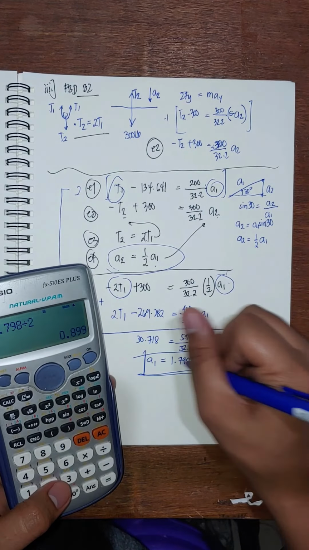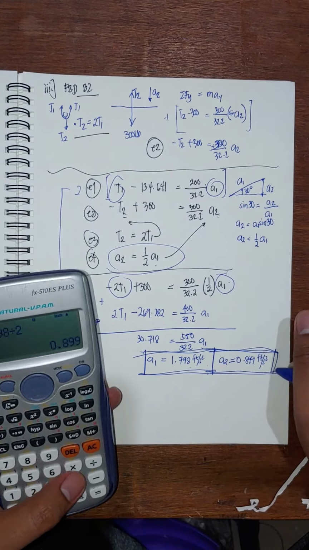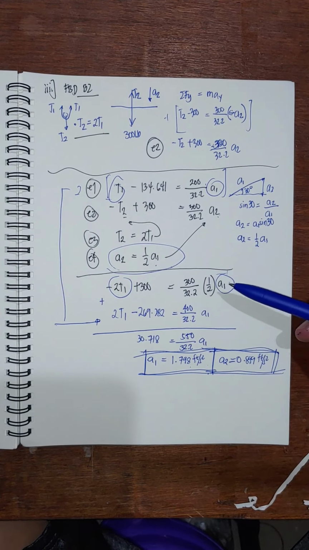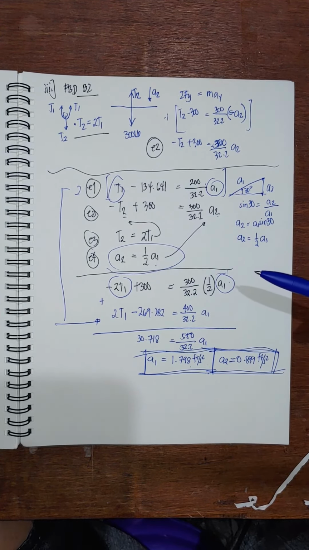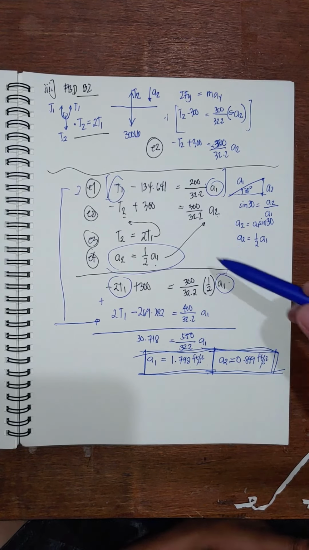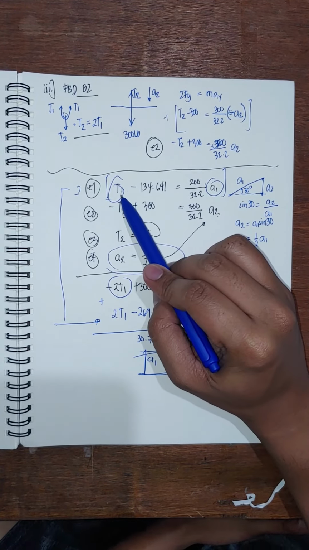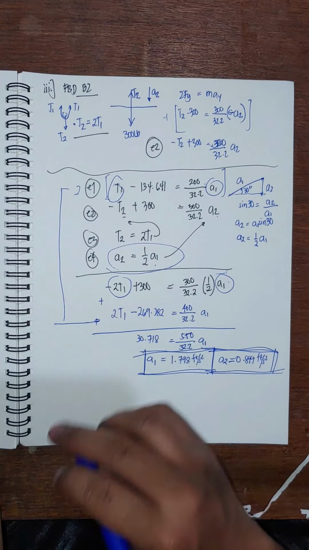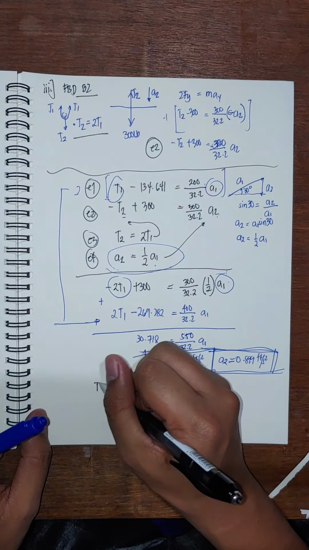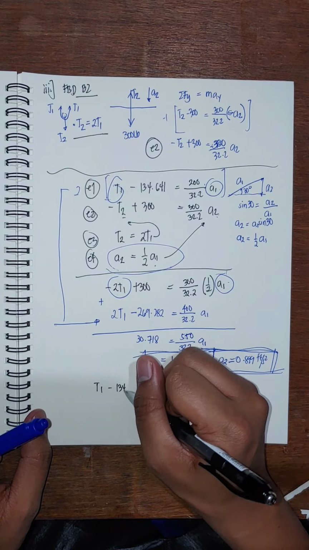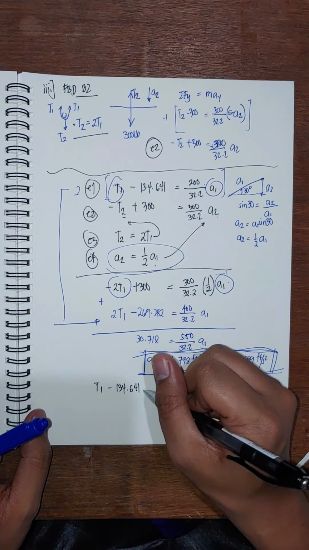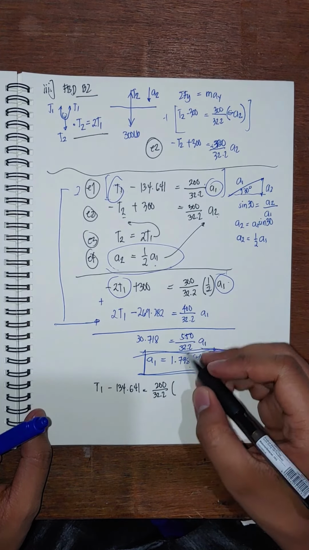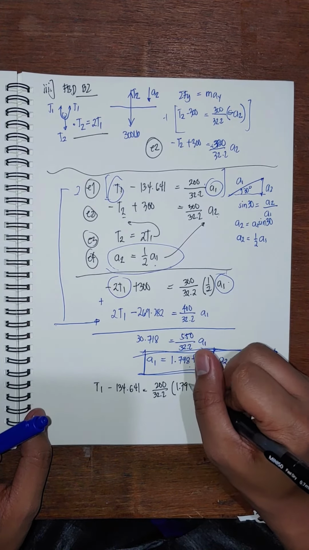So we now have the acceleration of block 1 and block 2. Now, we were asked what are tension 1 and tension 2. Let's say I would like to use this equation to solve for tension 1. So I rewrite the equation here: T1 minus 134.641 is equal to 200 over 32.2 times A1, which is 1.798.